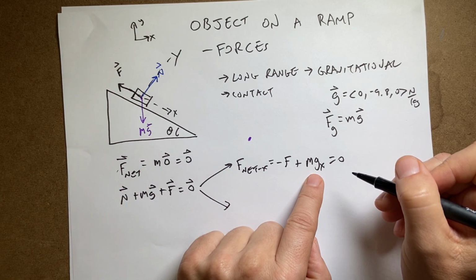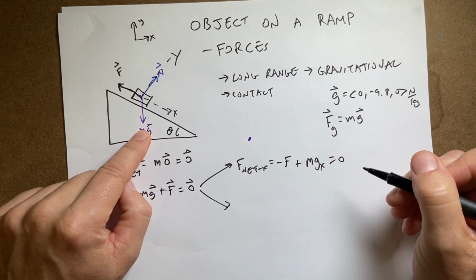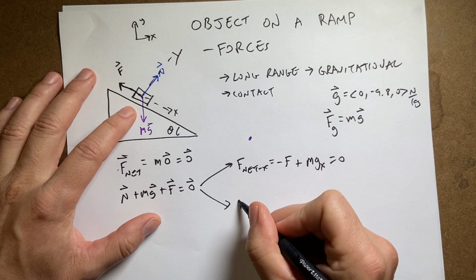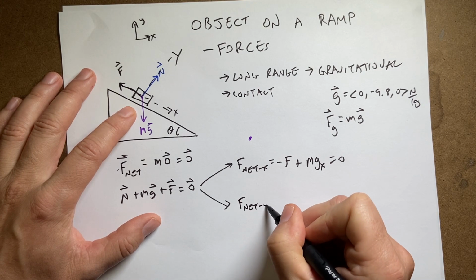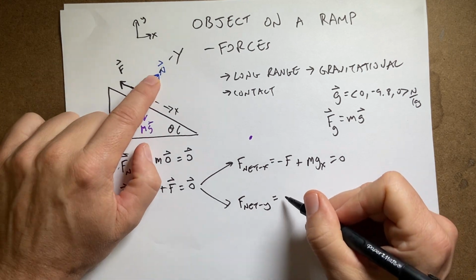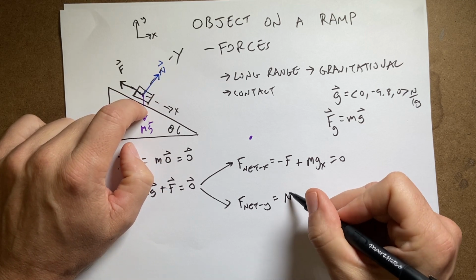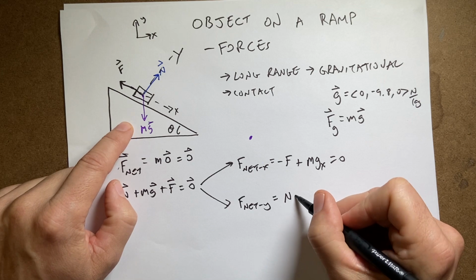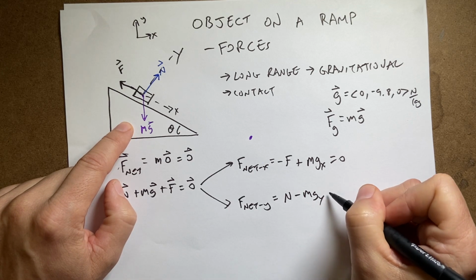And that's the x component of the gravitational force. And then the y equation I could write is F net y equals, well, this is in the y direction, so it's going to be N, and part of this is in the y direction, so minus mgy.